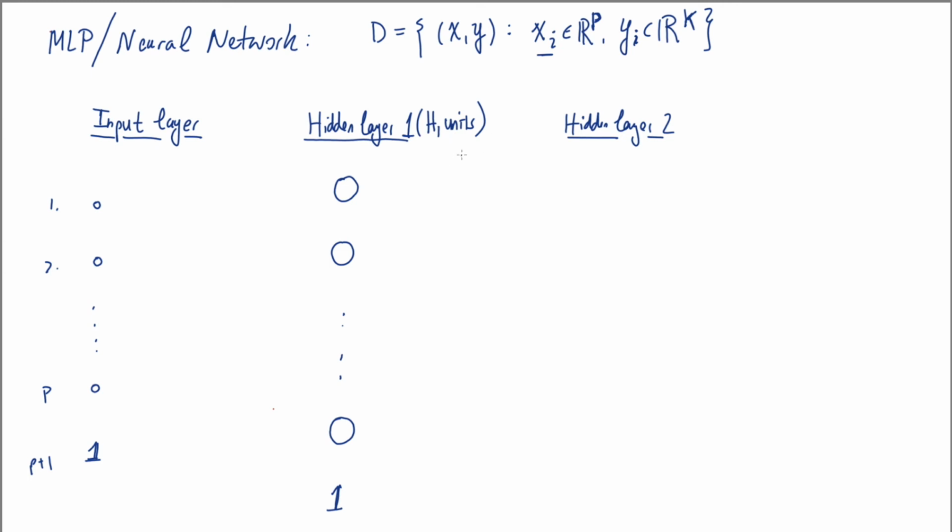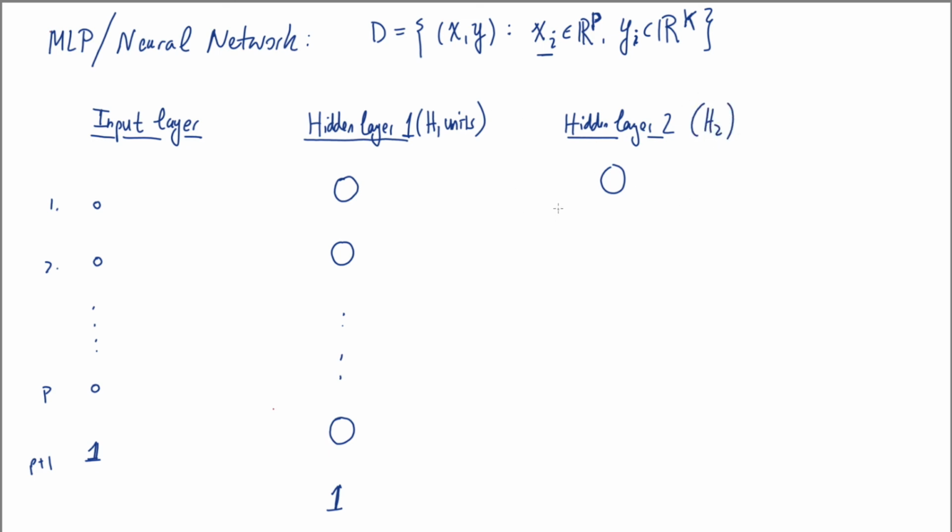So this is going to be 1, 2, down to H1, and then this is H1 plus 1. Now H1 varies depending on what kind of architecture you're building. You've probably played around with TensorFlow or PyTorch. You can pick the number of hidden layers. You can't pick the input layer or the output layer, but you can pick the number of hidden layers to be any number that you want. So I'm just going to assume it's some general H1. Now, hidden layer 2 is going to have H2 units.